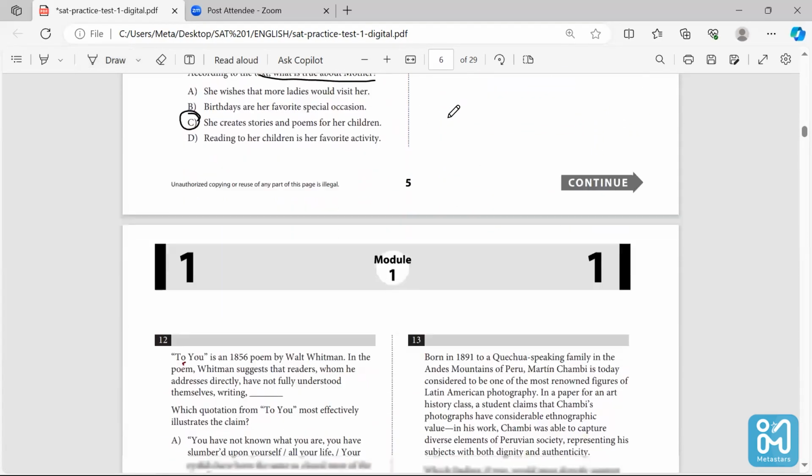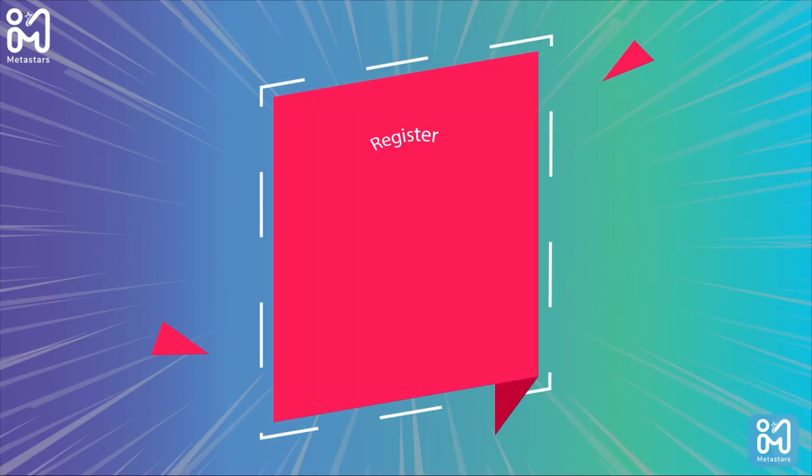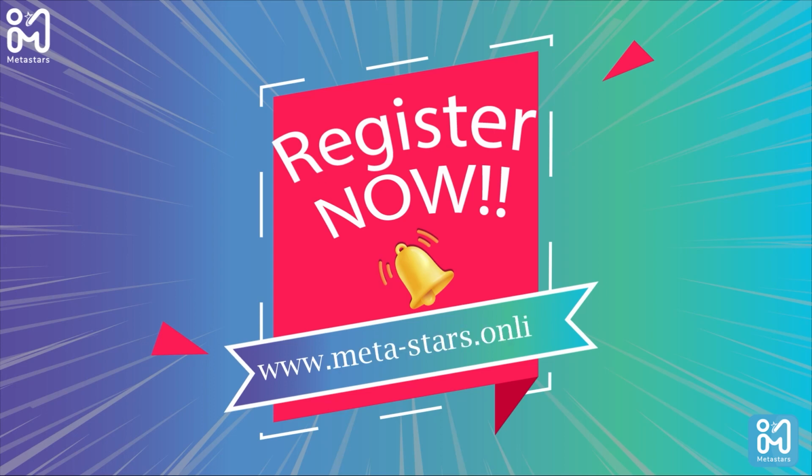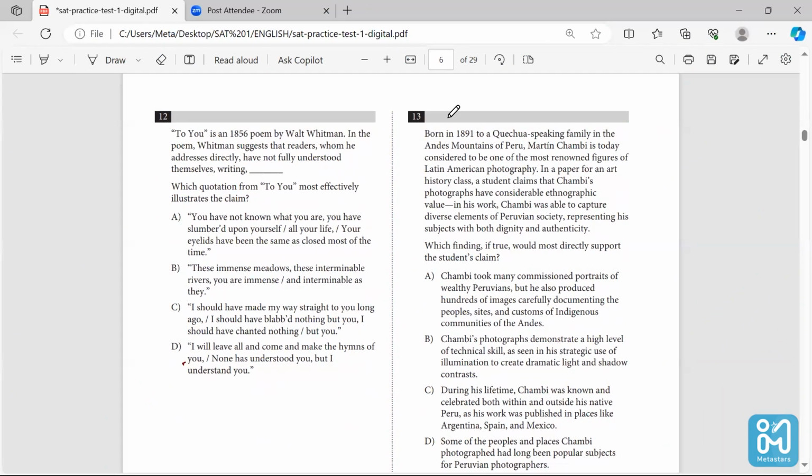Let's move on, guys, to the question here. Yes, the same question here to you. It is taken from a poem by the poet here, and suggests the reader whom he addresses directly has not fully understood themselves. So basically, we need a quotation, guys.